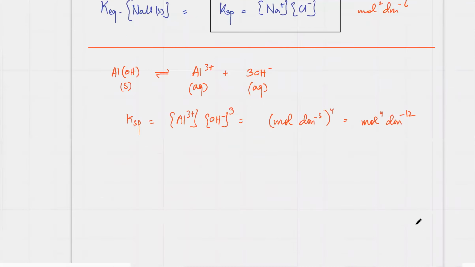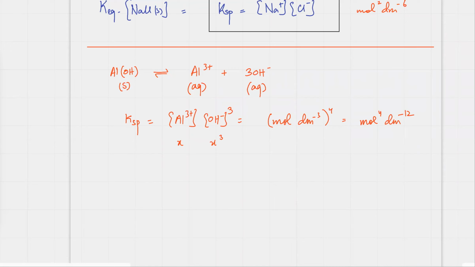Actually, the next one, let's try another one. Let's now do aluminum phosphate. Actually, not aluminum phosphate, let's do aluminum sulfate. It's a solid. We are trying to dissolve it.